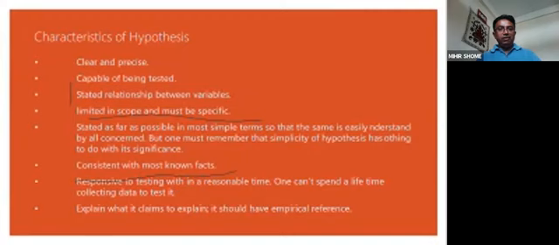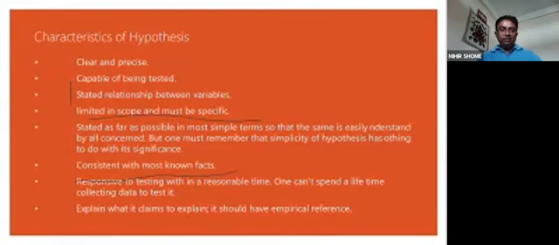Known facts means what are the things we are going to prove, that study might be supported by other studies, whatever. Responsive to testing within a reasonable time. That means there is a prescribed time, it might be 3 months, 6 months, whatever. One cannot spend a lifetime collecting data for a test; it should not be more than that.